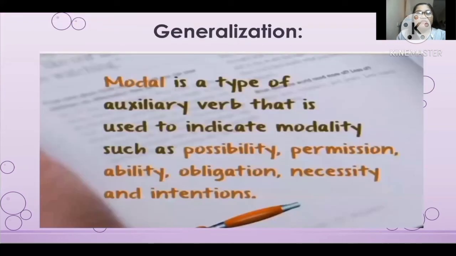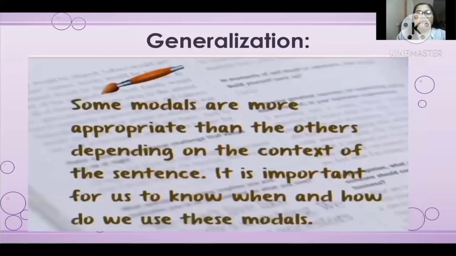Okay, for generalization, this modal is a type of auxiliary verb that is used to indicate modalities such as possibility, permission, ability, obligation, necessity, and intentions. Remember, when we are using modals, it depends on the sentence that we are trying to express or say. Next, some modals are more appropriate than the others depending on the context of the sentence.